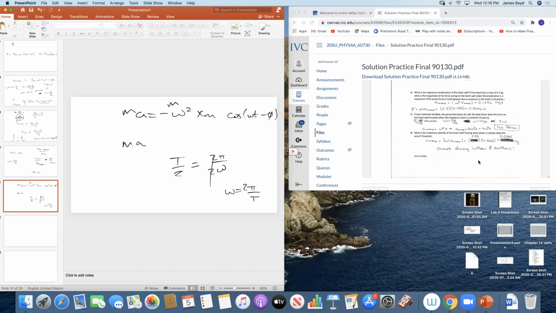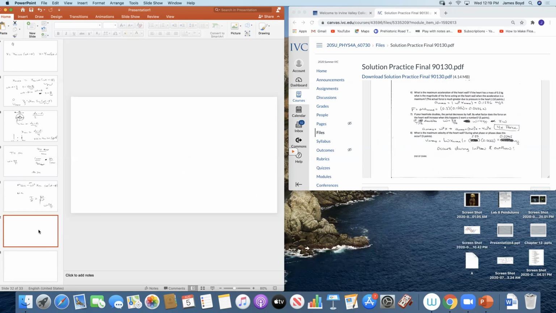And then it asks, what is the maximum velocity and when does it occur? You know that if it starts at x max when t is equal to 0, then at a quarter of a period, v is at max and x is 0.